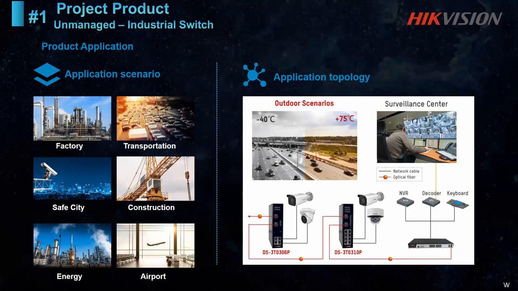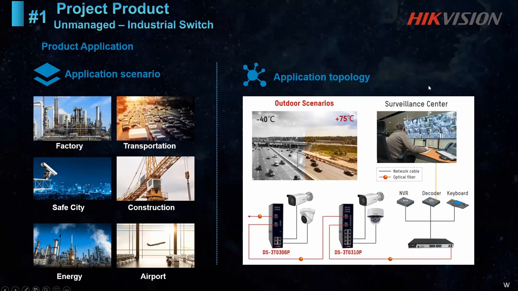And as these are industrial switches, you can use them in factory environments, the transportation industry, construction sites, energy manufacturing sites, airports, and safe city projects as well, because of the industrial grade capabilities that we have included in these switches. They will withstand these outdoor environments even with ranging temperatures.